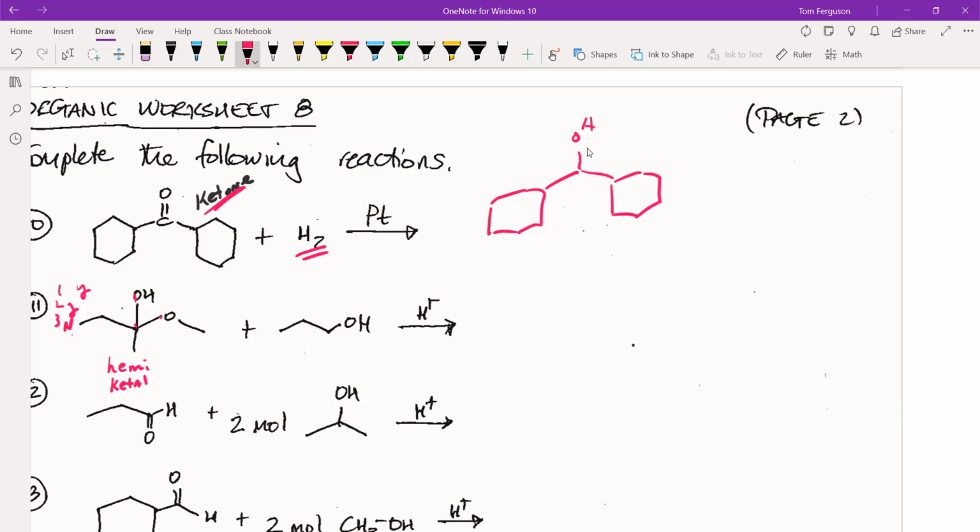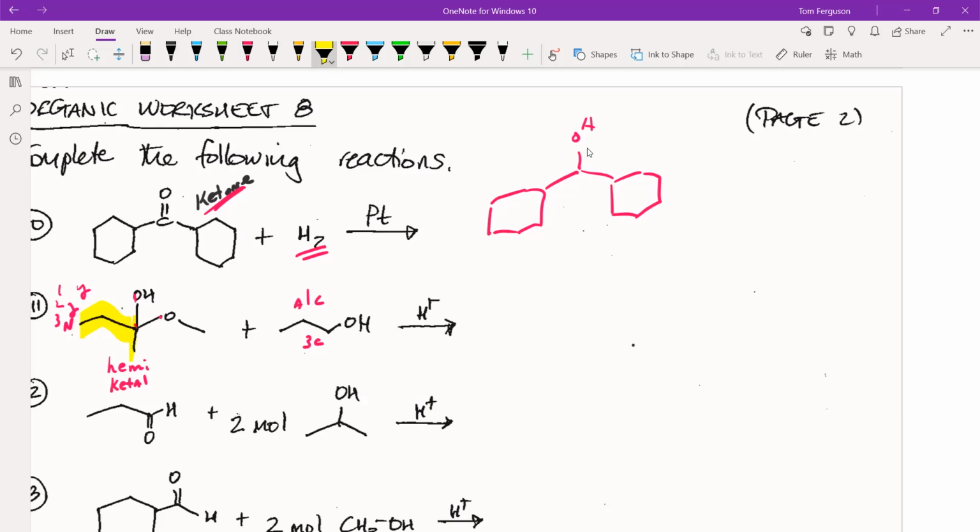We added an acid. Then we're going to add another alcohol, and this time it's going to be a 3-carbon alcohol. So we have the original structure. Okay, so that's a 1, 2, 3, 4 carbon backbone.